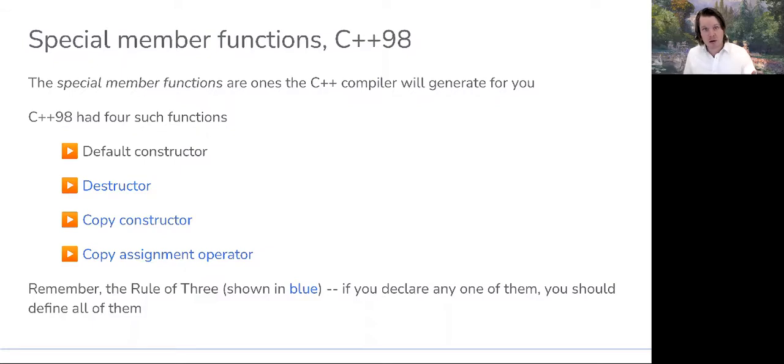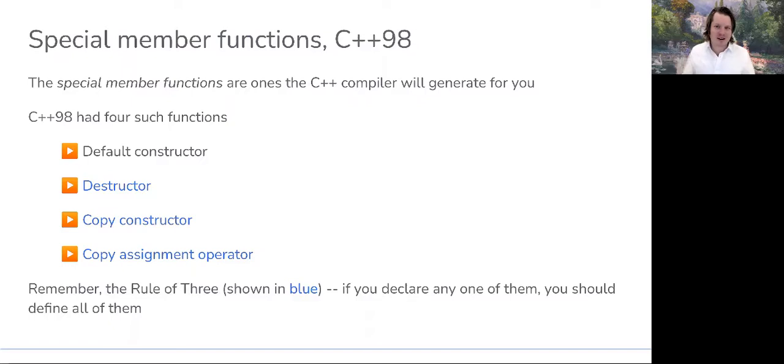To do so, we'd provide definitions for the copy constructor as well as the copy assignment operator. Just to recap from long ago, the functions shown in blue here, the destructor, copy constructor, and copy assignment operator, comprise the rule of three: if you declare any one of them, you should define all of them.